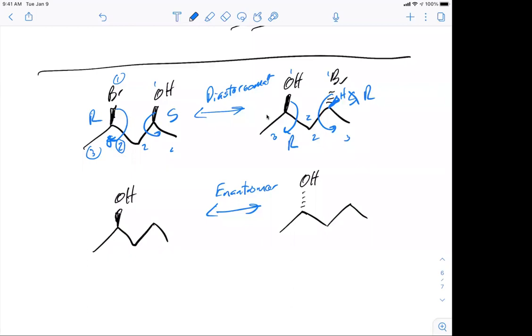Here we only have one stereocenter, and so what we just need to confirm is that this stereocenter is changing, so these will be enantiomers. If I went from RS to SR, that's an enantiomer. So if I change both groups, it's an enantiomer. If I change one of the two groups, then it's going to be a diastereomer. Okay. All right.